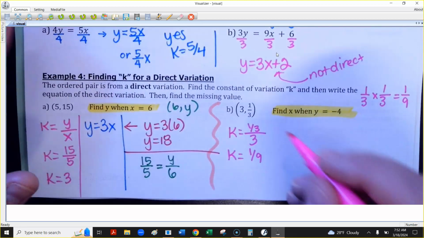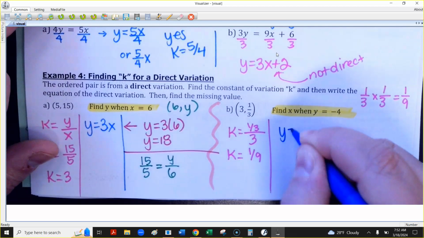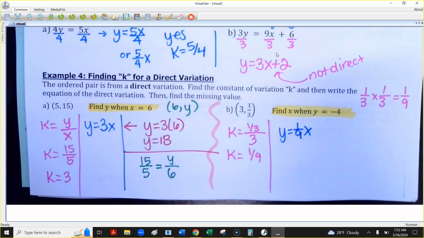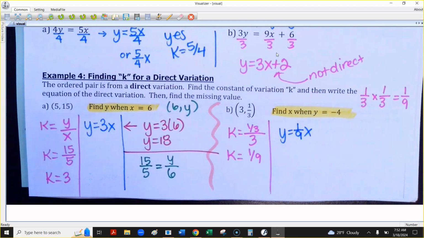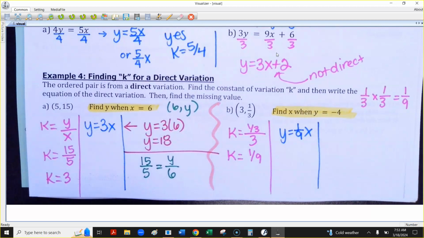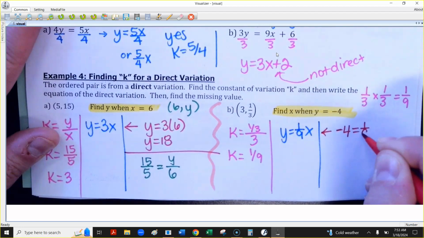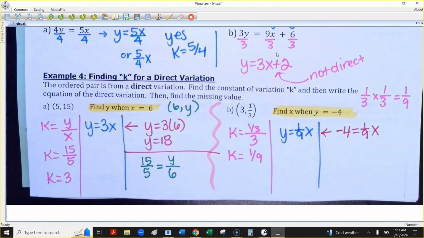All right, now to write my lovely equation, all I do is y equals k times x, which is y equals 1/9 x. And for this one, we want to find x when y is -4. So if you want to use the equation, we could do -4 equals 1/9 x, because we know the relationship there. I would just multiply both sides by 9 real quick to get that.